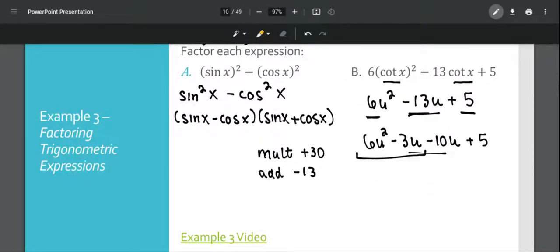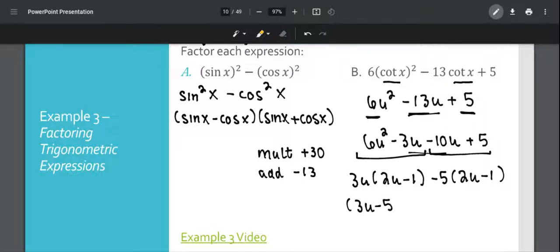So then we can group. If we group that 6u squared minus 3u, the GCF is 3u, and we're left with 2u minus 1. And if we group a negative 10u plus 5, our goal is to get a 2u minus 1. So let's factor out a negative 5, and we're left with 2u minus 1.